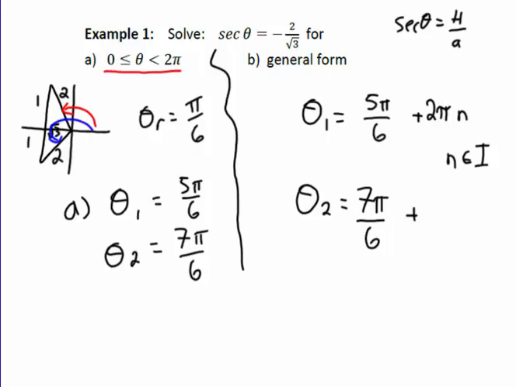So really we're going to add that 2 pi n. Now it's very important that we include that 2 pi n, and also very important that we make that statement of what kind of values n represents, integer values. So we have our solution over a certain interval between 0 and 2 pi, or in general form.